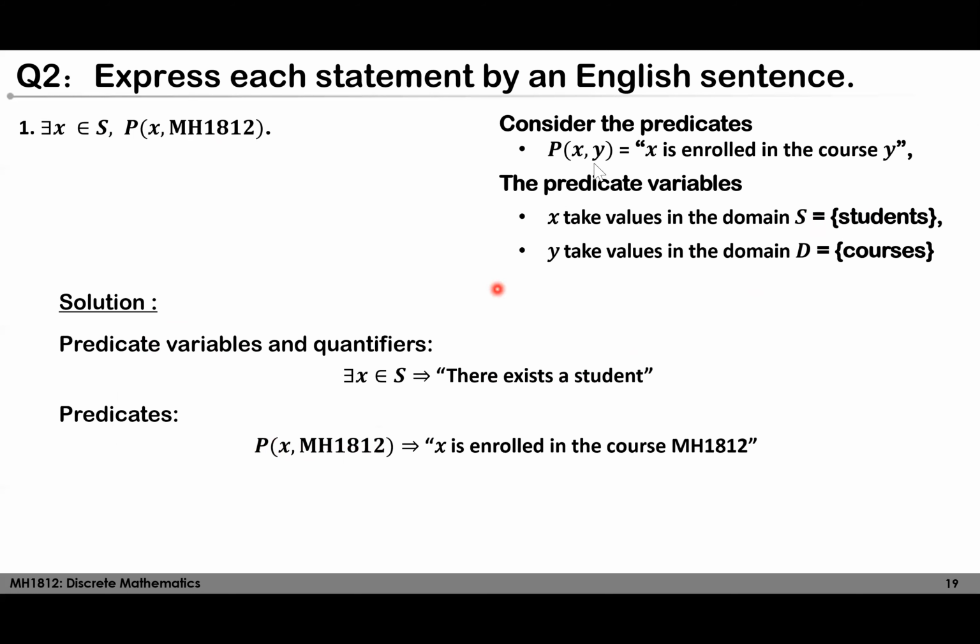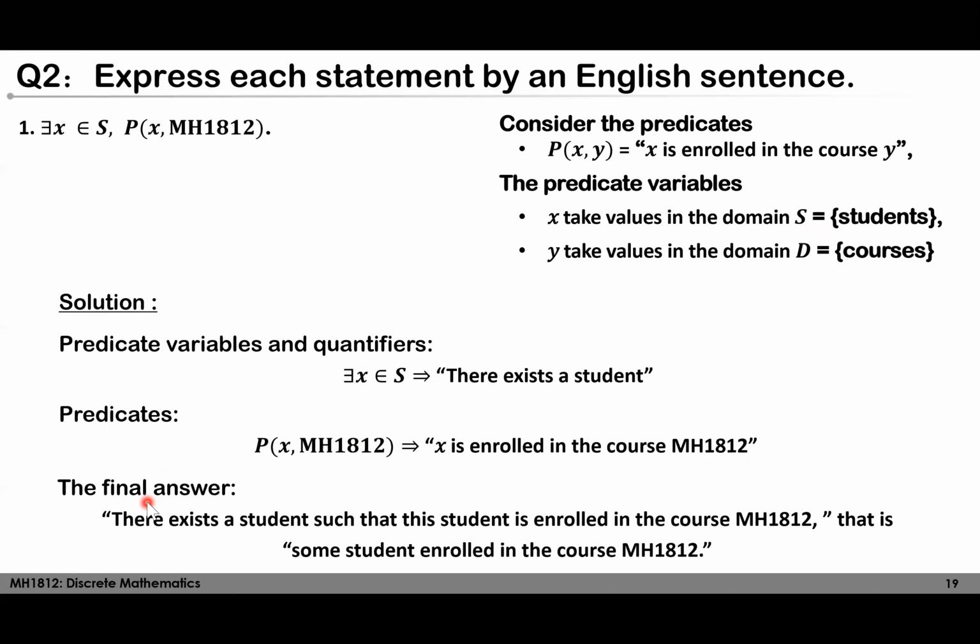By substitution we get x is involved in course MH1812. So the final answer is there exists a student such that this student is involved in the course. That is equivalent to saying some student is involved in the course MH1812.